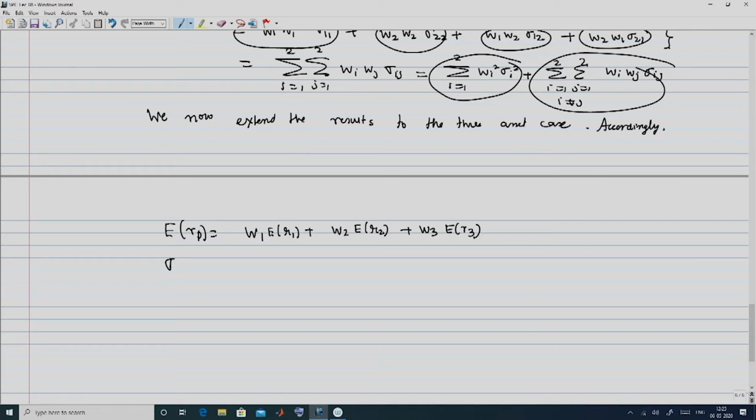And similarly, sigma p square is going to be E of (Rp minus E Rp) whole square, and this is going to be E of (W1 R1 plus W2 R2 plus W3 R3 minus W1 E R1 plus W2 E of R2 plus W3 E of R3) square. So, just make this correction.